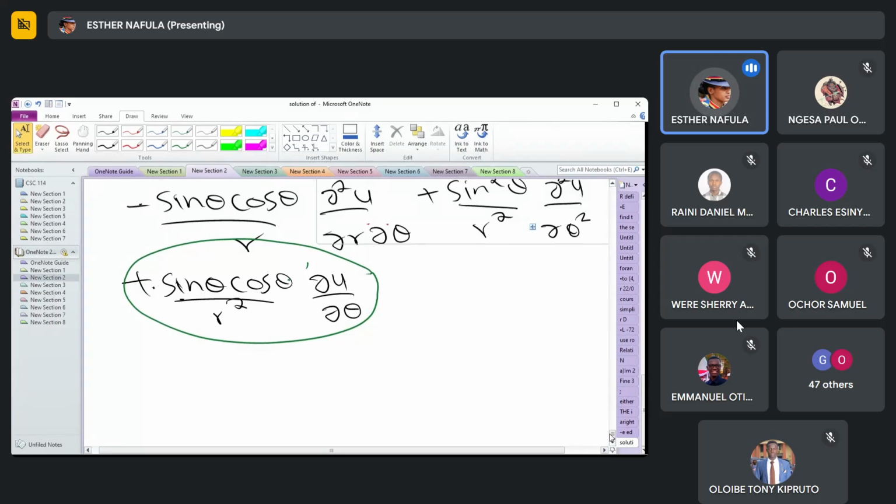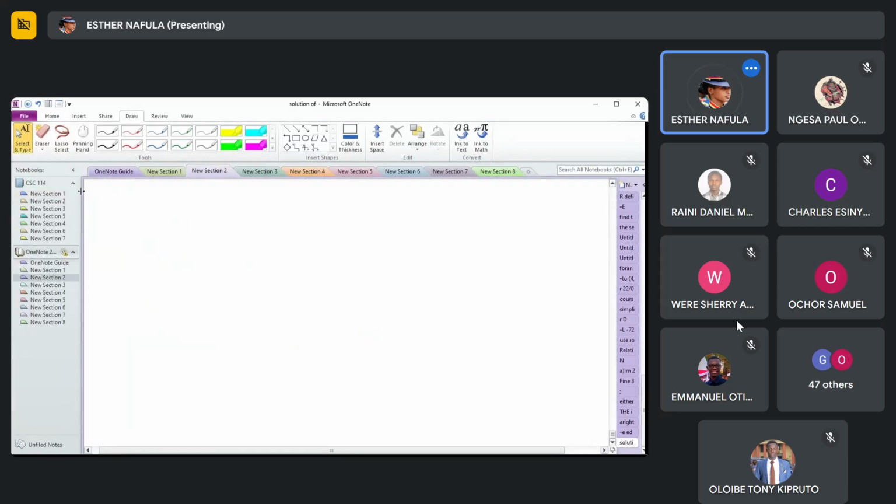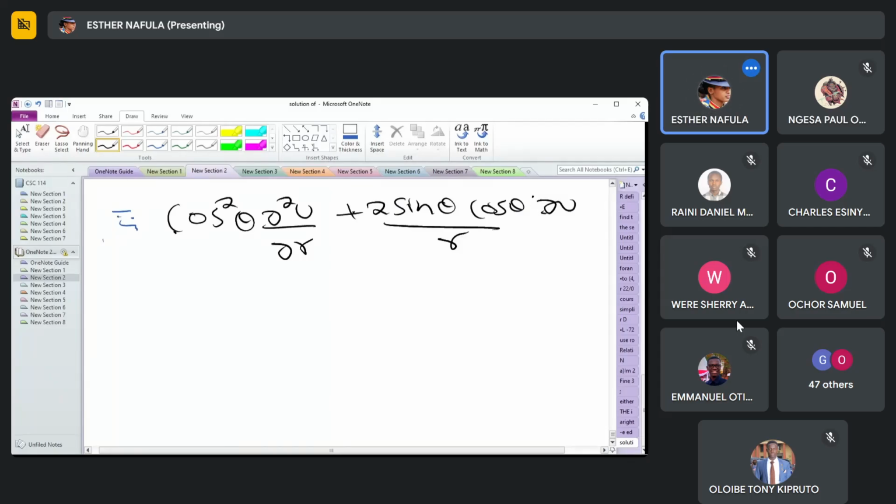So collecting like terms and simplifying, what do we get? Of course, the first term is cos squared theta partial squared u partial r squared. We have 2 sin theta cos theta over r, partial u partial theta. Then we have minus 2 sin theta cos theta over r, then the mixed partial, right?